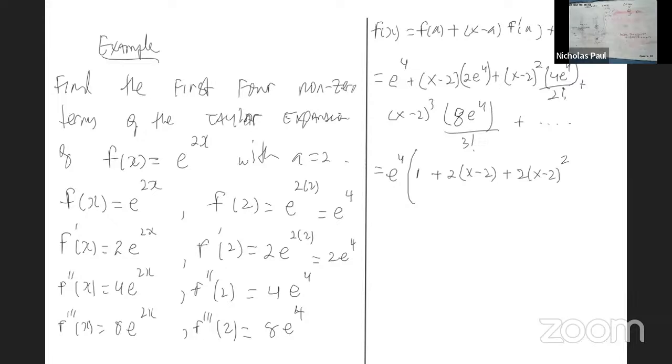And then 8 over 3 factorial is how much? 8 over 3 factorial, that's 8 over 6. So that's 4 over 3 by x minus 2 cubed, close brackets. Those are your first 4 non-zero terms.